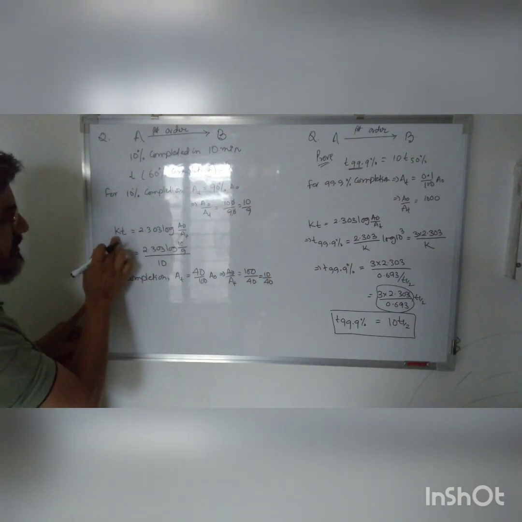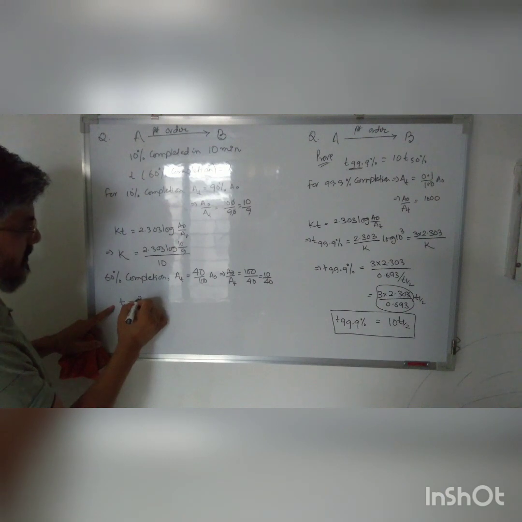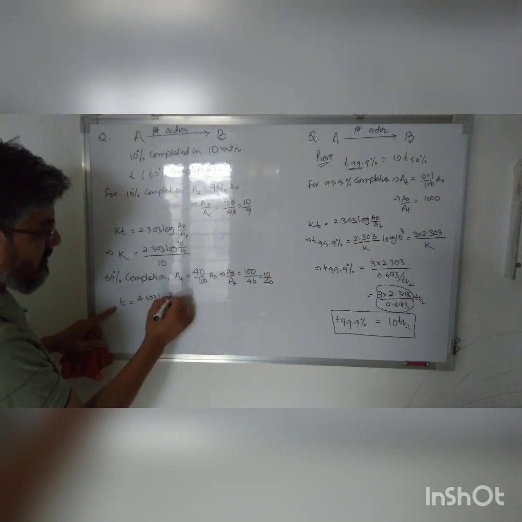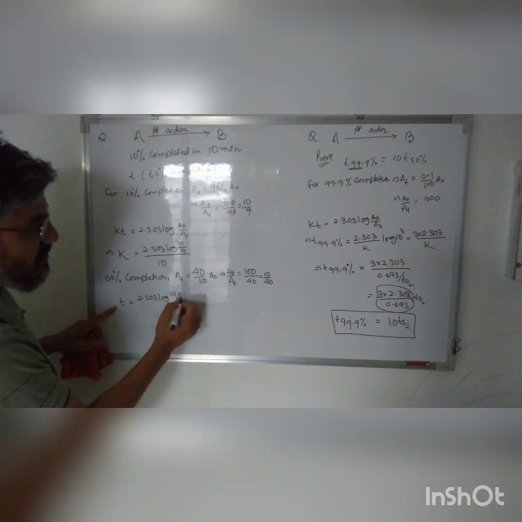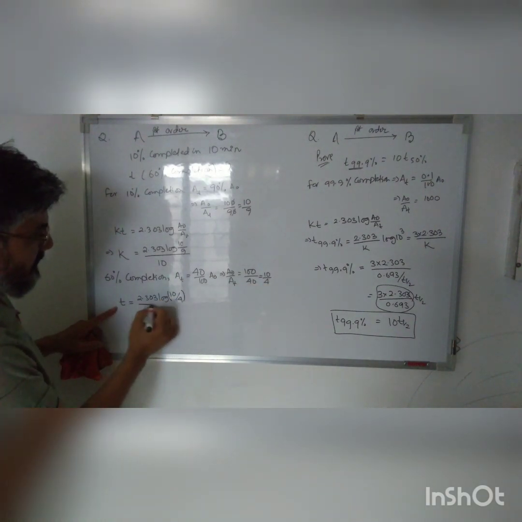So again, using this integrated equation, the time required is 2.303 log A naught by A, which is 10 by 4, divided by k.